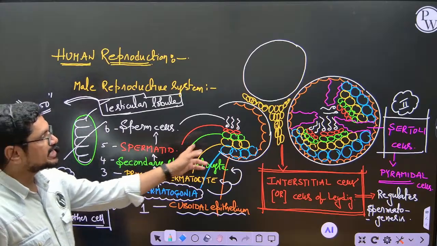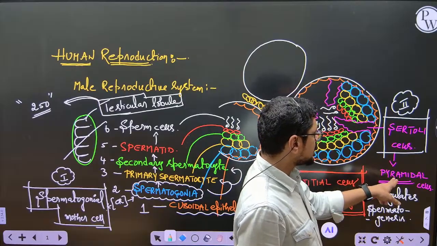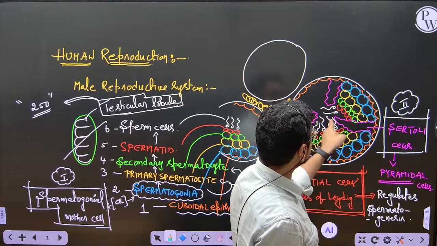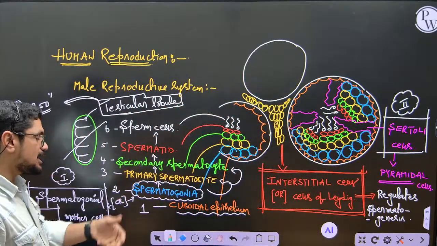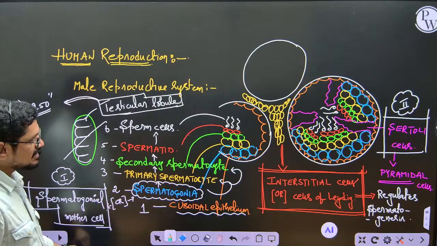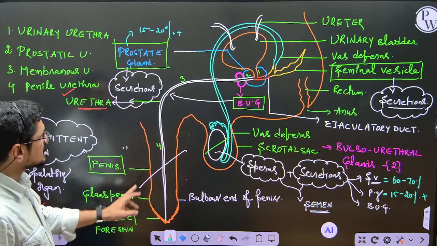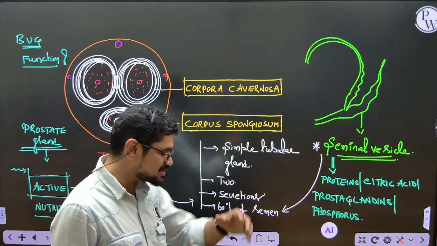And interstitial regions contain the interstitial cells of Leydig, which regulate spermatogenesis. And these are the pyramid shaped cells, Sertoli cells. There is another name for Sertoli cell also, that I will explain later. And this is the transverse section of the penis, which contains two special tissues with empty spaces.